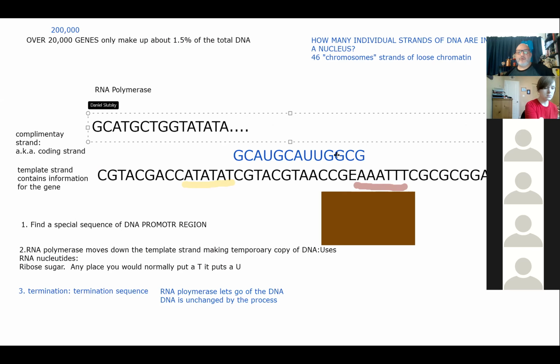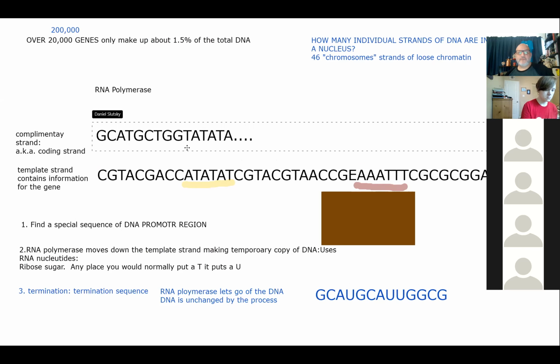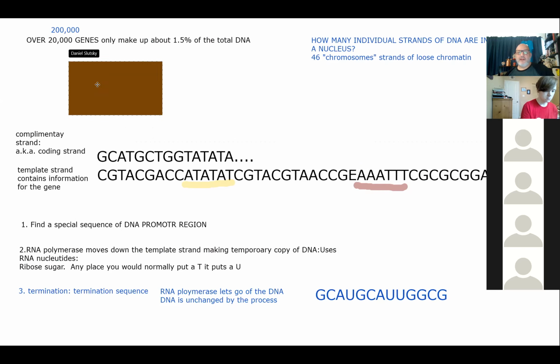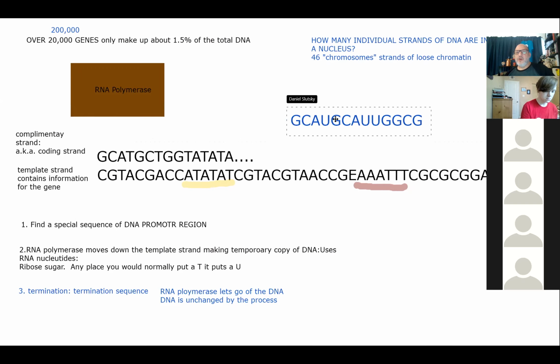So at the end of the process, our DNA comes back together unchanged. Our RNA polymerase goes away. And we have this single sequence of RNA nucleotides left.